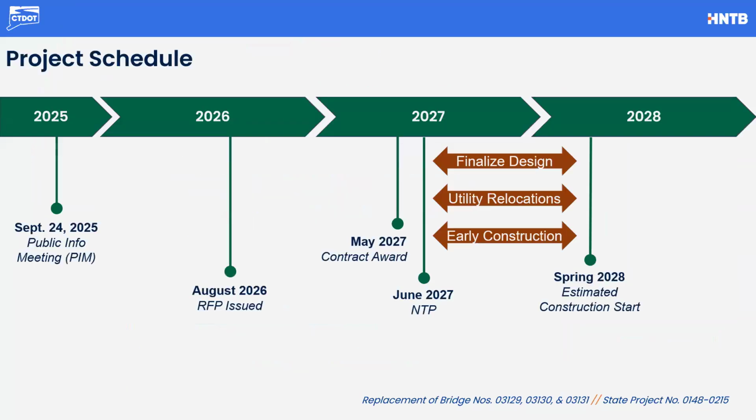As you can see on the screen, June of 2027 is the notice to proceed given to the design-build team. Then spring of 2028 is when we anticipate they'll have full design approval of their final design plans, and they'll be able to do all of their planned construction activities. But they may do some early work in that intervening year.